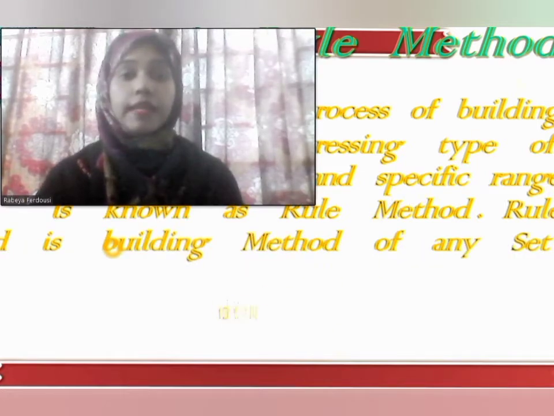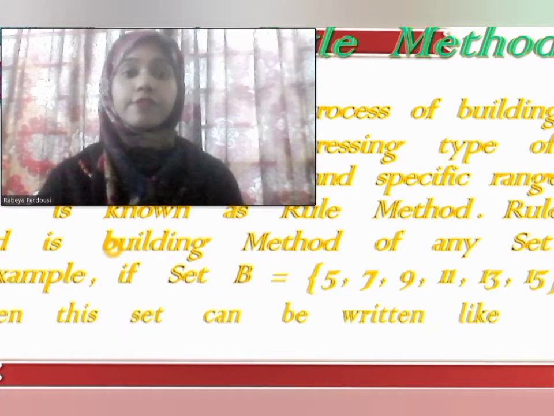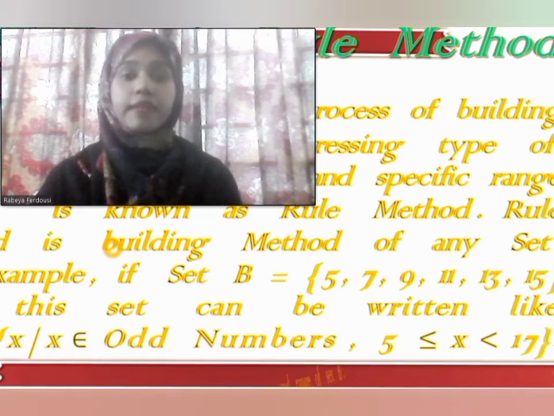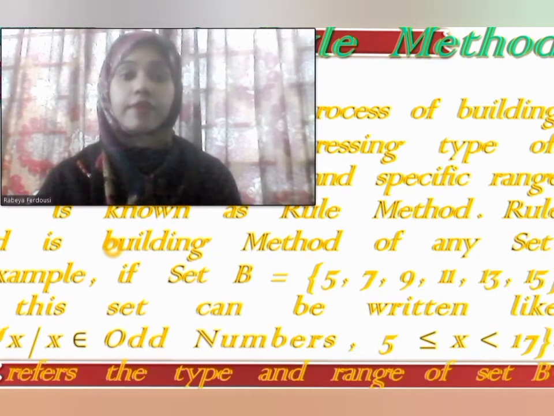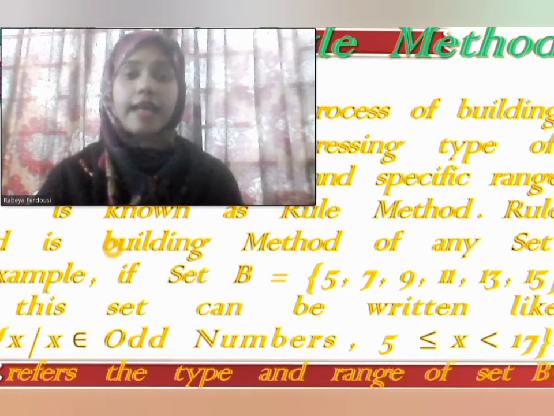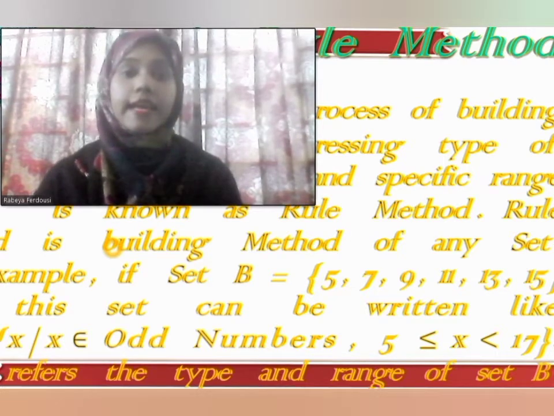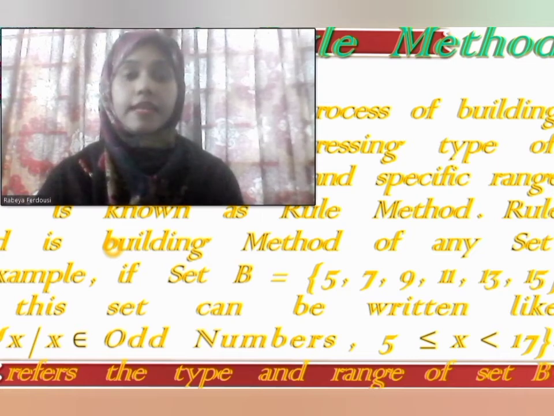For example, if set B is equal to 5, 7, 9, 11, 13, 15, which has been written in roster method, then this set can be written in rule method like this: B is equal to x such that x belongs to odd numbers and x is greater than or equal to 5, less than 70.